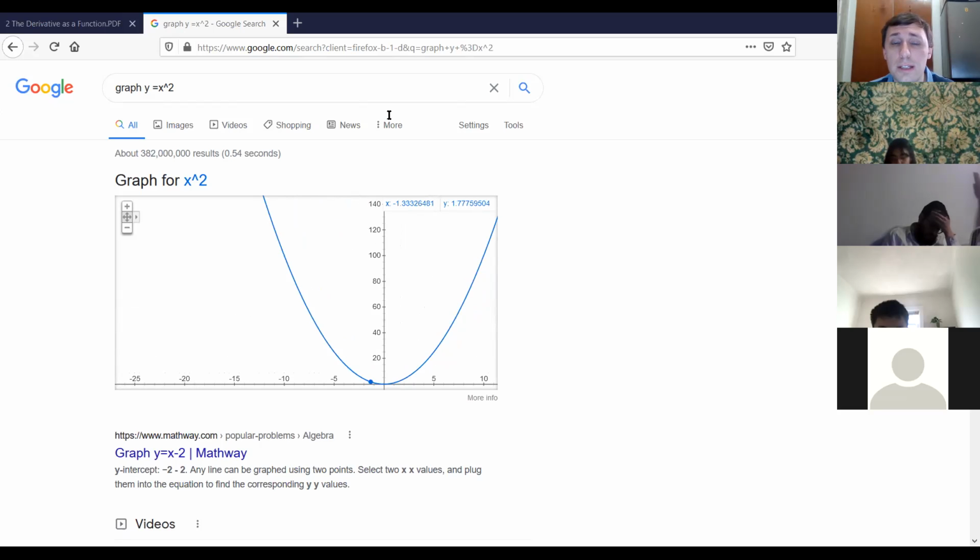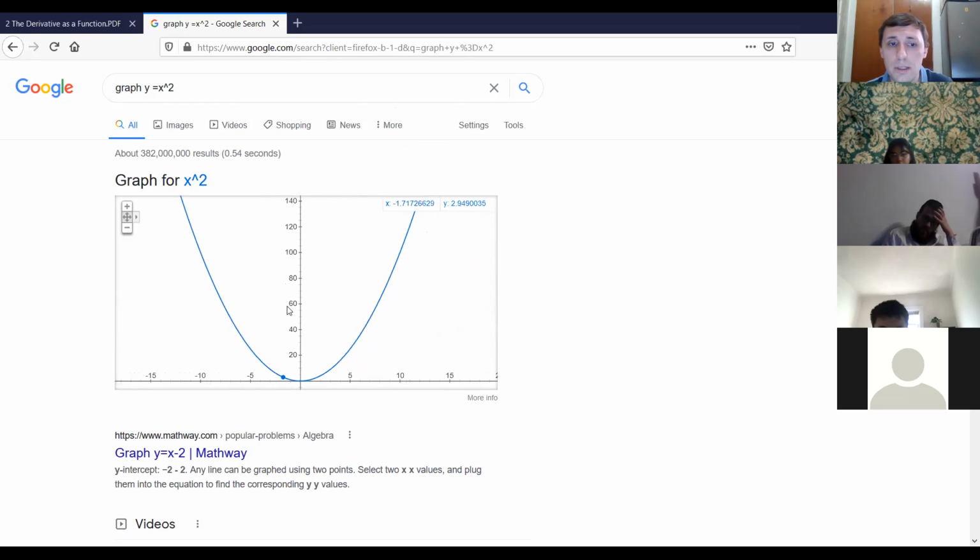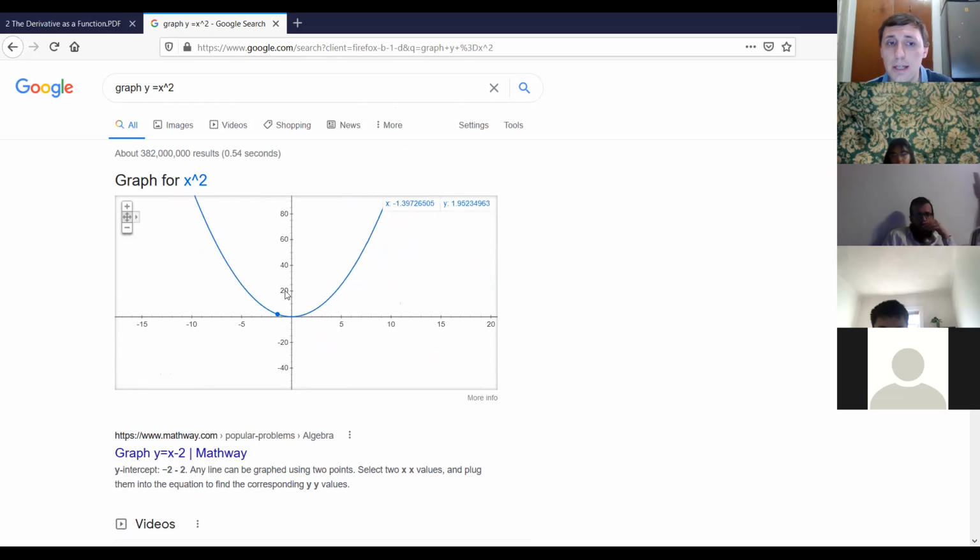Do you see, for instance, guys, let's suppose that I'm zooming in at this point. Let's make the screen more or less centered here. Suppose that I want to zoom in at that point. Right now, it does not look to us like a line. Why?